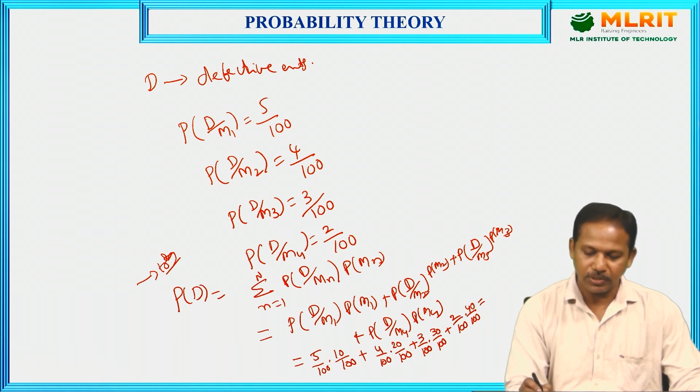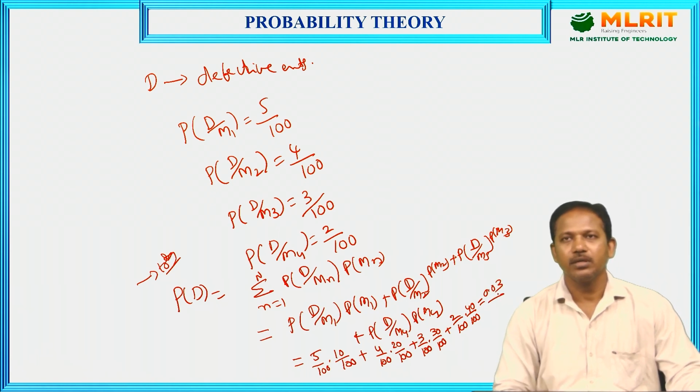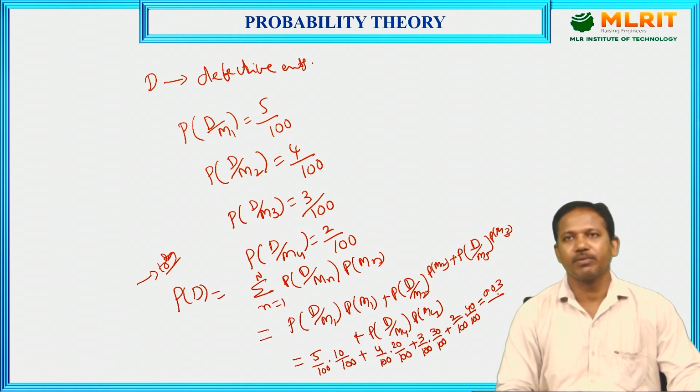That equals 0.03. So this is the probability that a defective item is selected from the company.